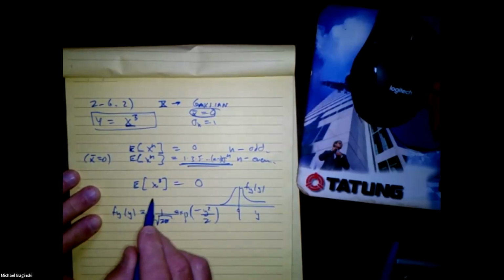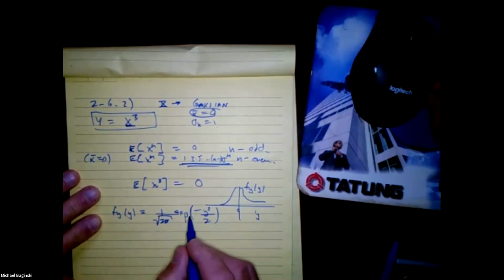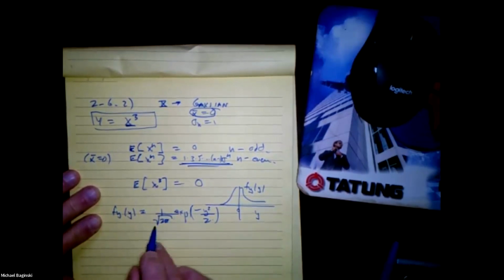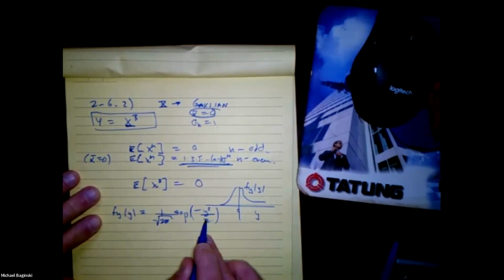When I take the expected value to find the variance of y, we know the mean value of y will be 0, and that's obvious, right? If this is even, that means the expected value of y would be 0, that is y bar.